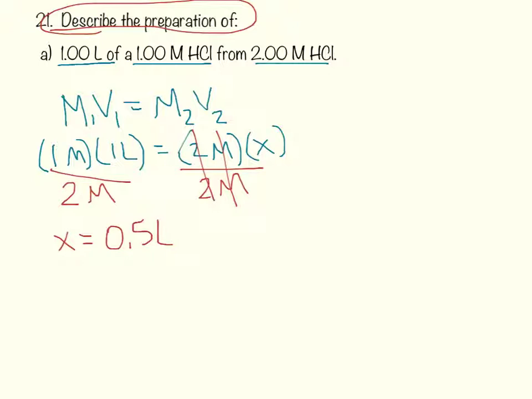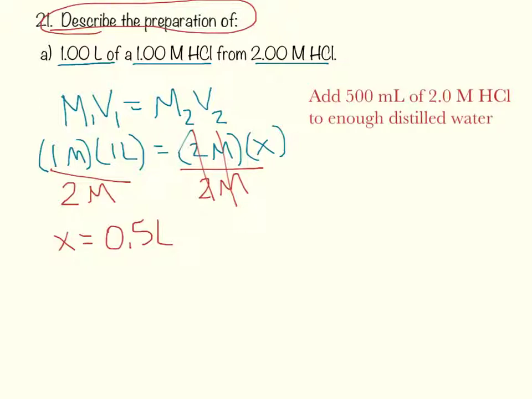We're going to add 500 milliliters, which is the same thing as 0.5 liters, of 2.0 molar HCl to enough distilled water to make 1 liter of solution.